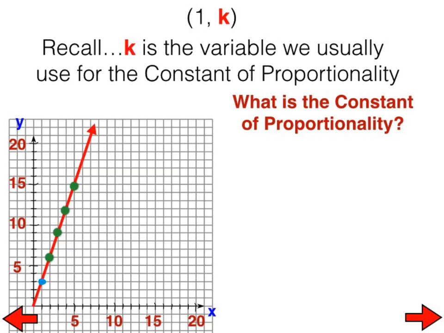It's a perfect ordered pair, and that ordered pair is 1, 3. And remember, it is that 3 right there that gives us our constant of proportionality. So our constant of proportionality is K equals 3. And sometimes that's what we have to do straight from a graph to figure that out. So K is equal to 3 for our constant of proportionality. All right, we are finished.